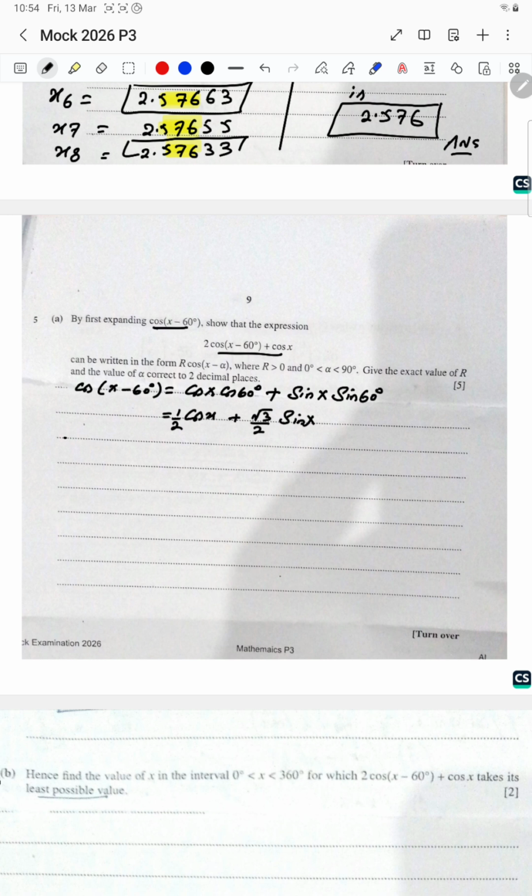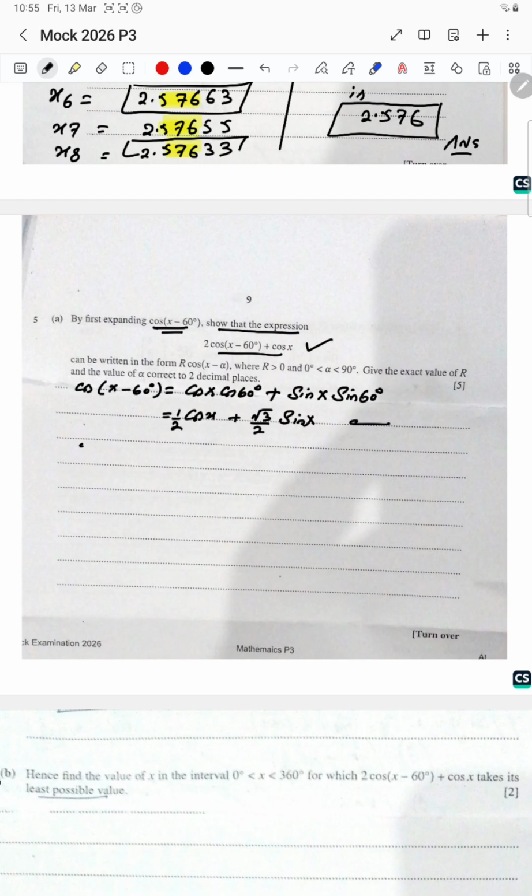So it means 2 cos of x minus 60 form. We need to write this in this form and show the expression. First expand this; we expanded it, right? We got this one. Then, as he says, by expanding cos this, show that the expression can be written in this form.